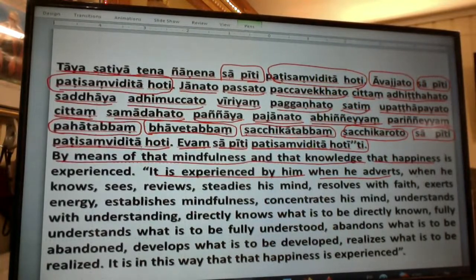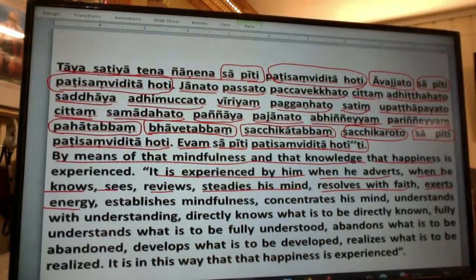It is experienced by him when he adverts, avajjato, when he knows, when he sees, when he reviews: Jananto, Passato, Paccavekkhato. His mind is steady. Citta Adhitthato: the mind is well established, very concentrated, very stabilized. And then resort with faith, Saddhaya Adhimuccato. Faith, Saddha. And Viriyam Pagganhato means exert or put effort.